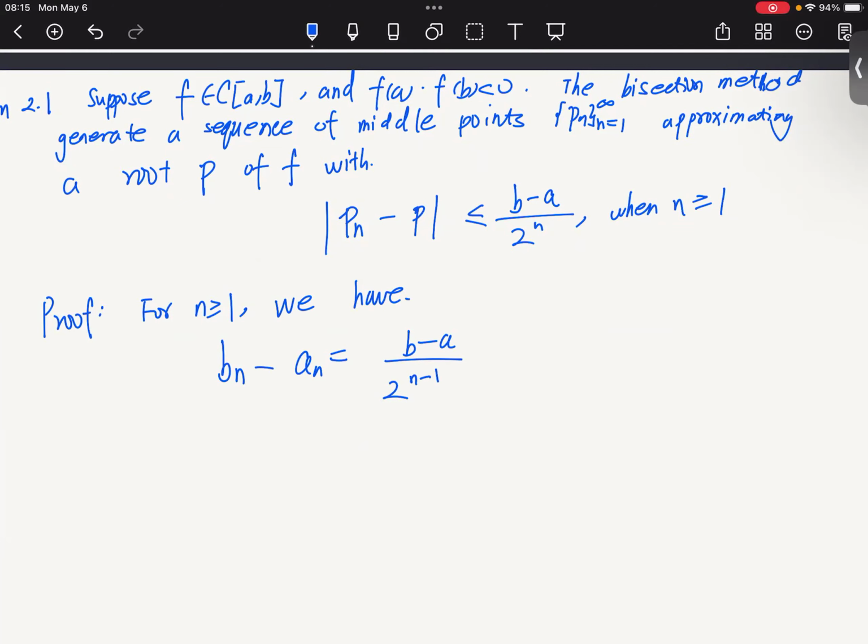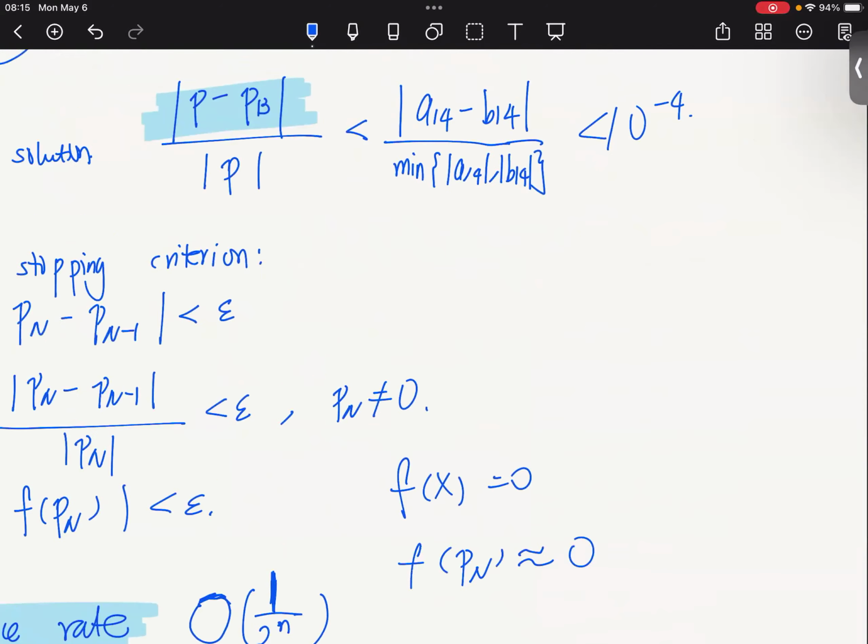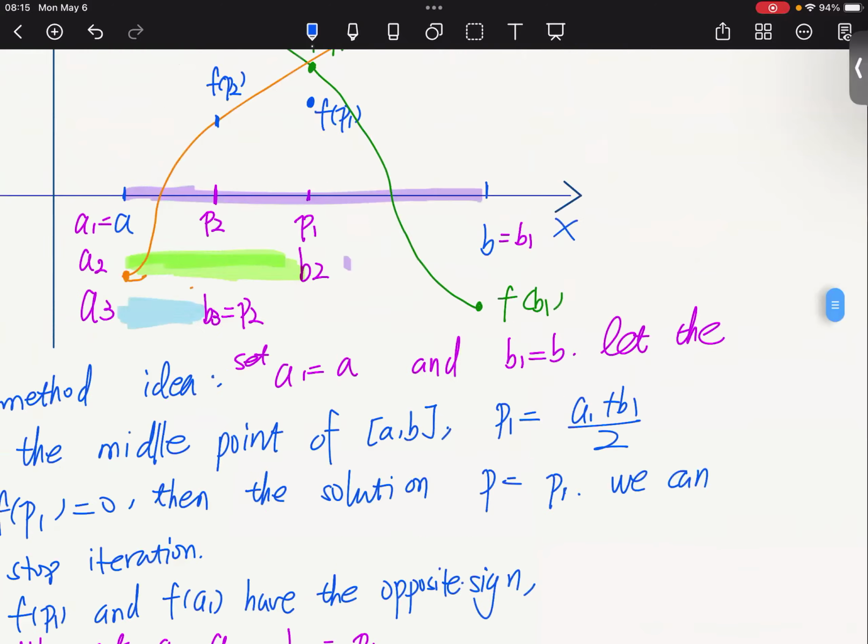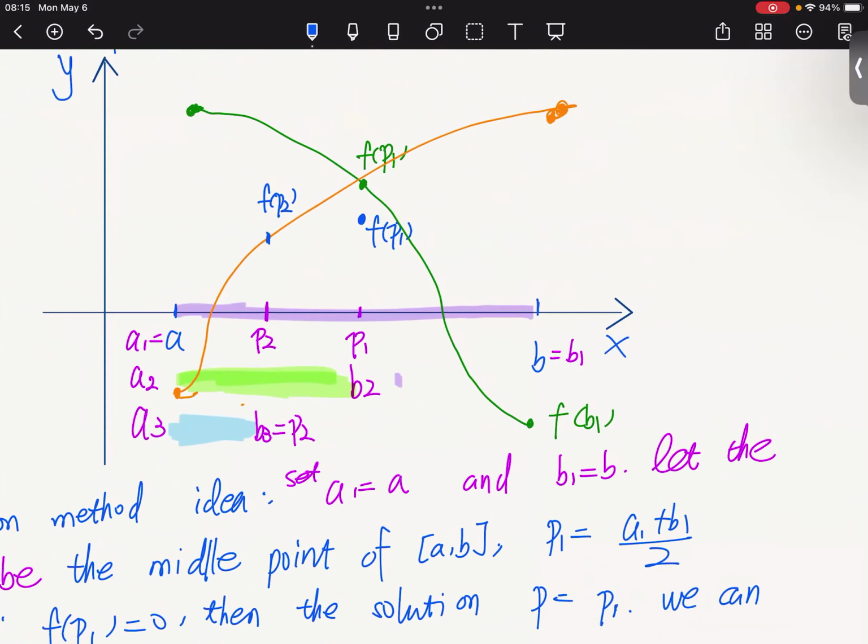This is because, for the first situations, let's take a look at this picture. For A1 and B1, you have the original length, so for n equals 1, we have b minus a. Then for n equals 2, you have A2 and B2, and the length of this interval is just half of the original one. So we divide by 2.